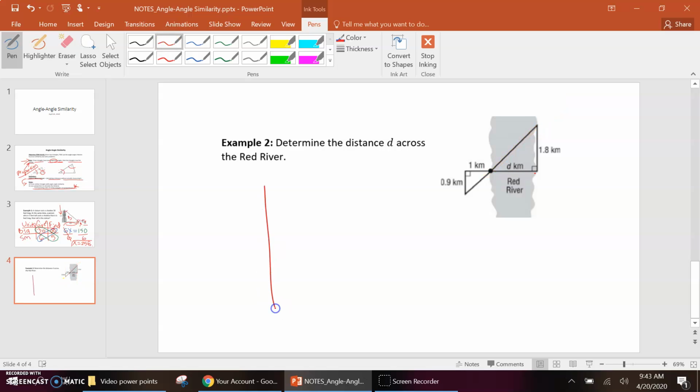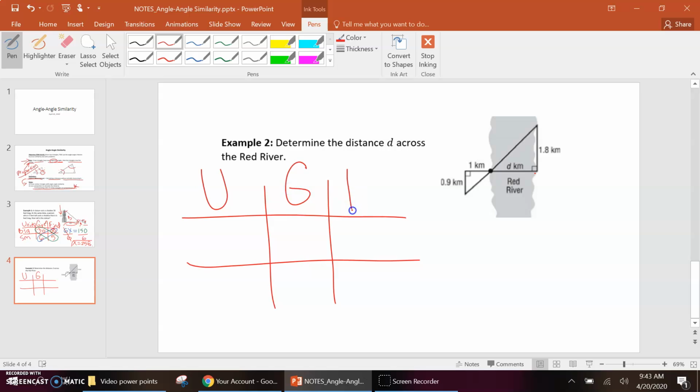So here we go. We're going to set up our UGF. So again, units, given, find. I'm going to do a big triangle, 2 small triangles. So here's my big and here's my small. Okay? Given means they gave it to me in the problem. So right here on the big, they gave me this distance here, 1.8 kilometers.